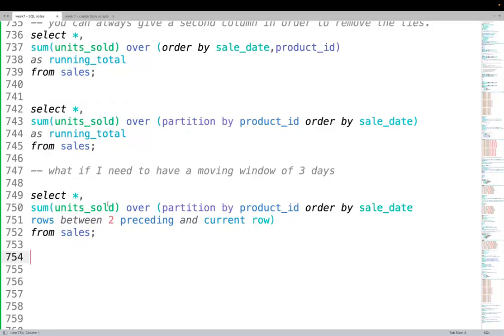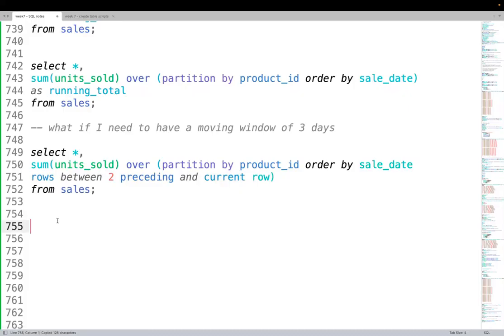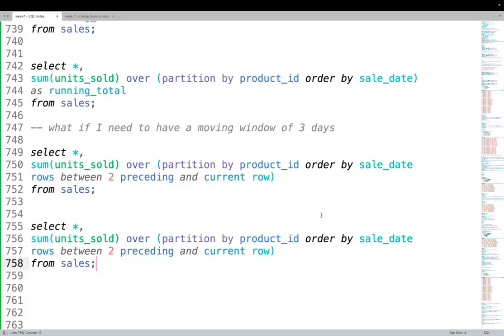Now let me do one thing. What if I use order by sale date as descending? If I say partition by product ID, order by sale date descending, and I have to find the total sales for last 3 days, how will I do it now?